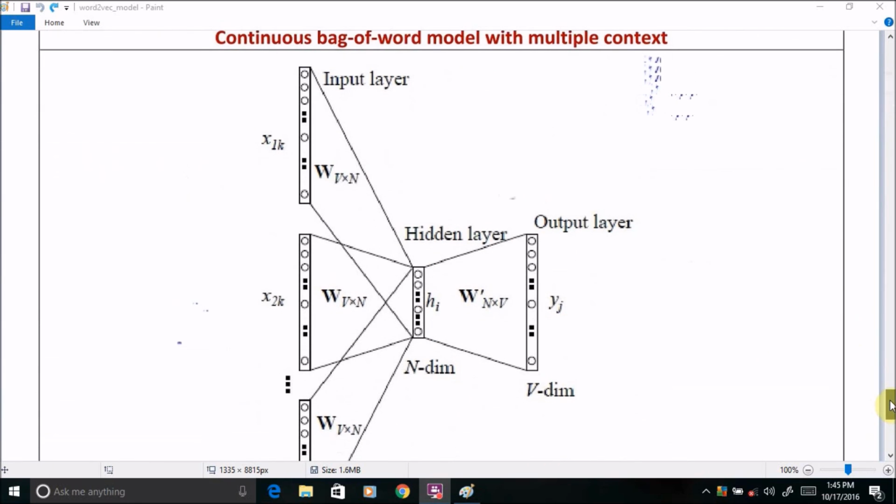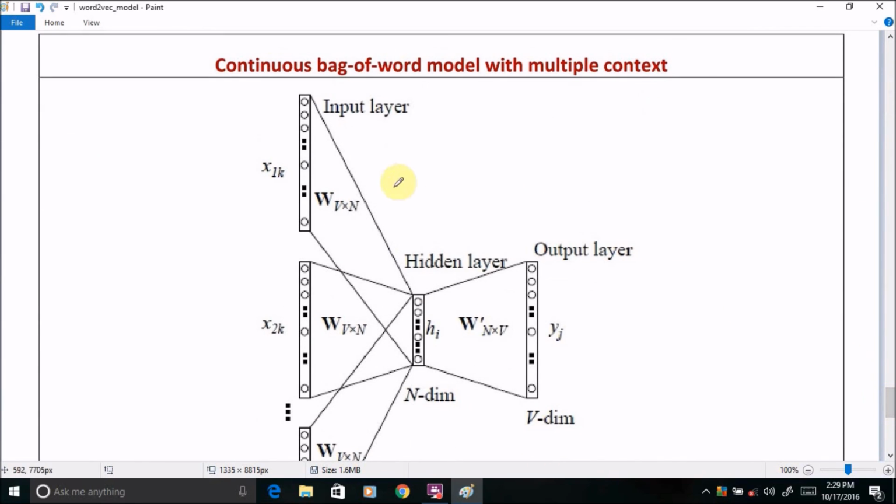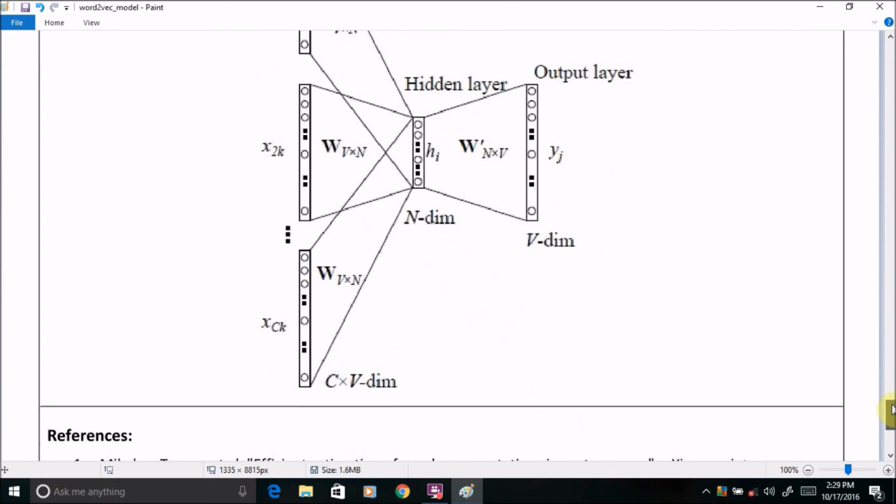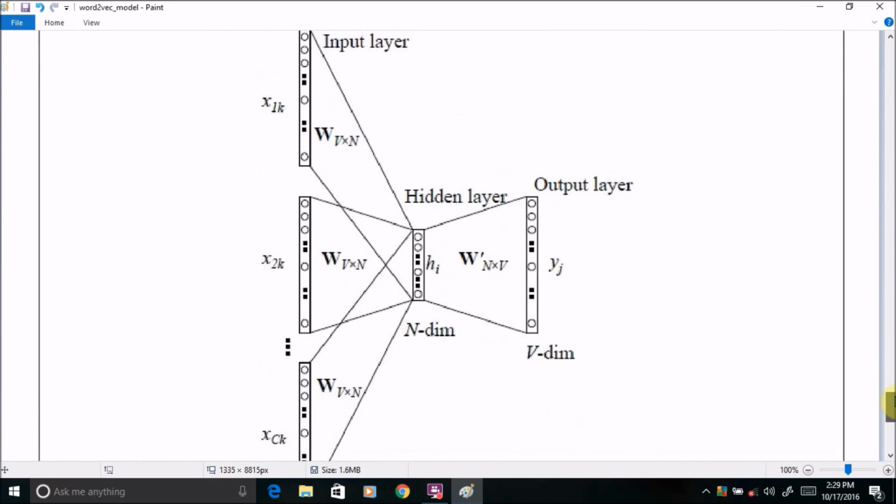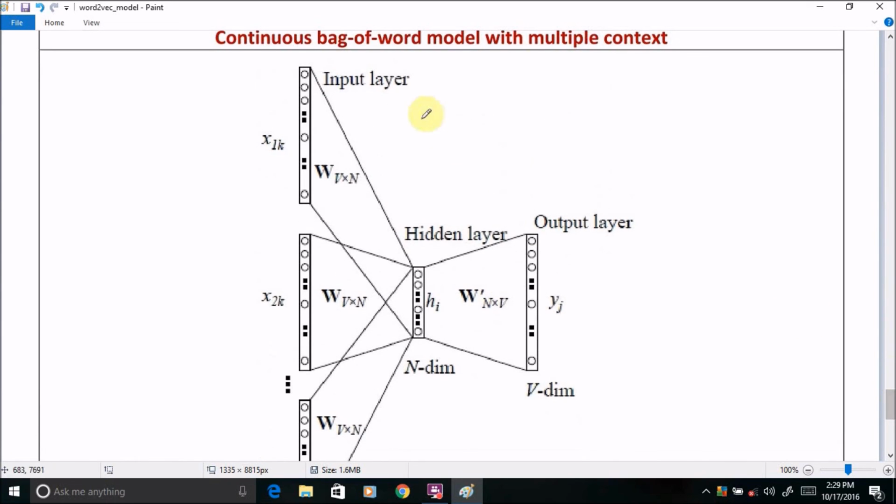Similarly, we can see the continuous bag of words based model with multiple contexts. Here we have used a total of k contexts, so our input layer contains k context inputs.